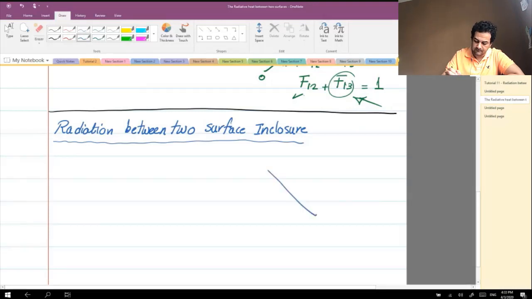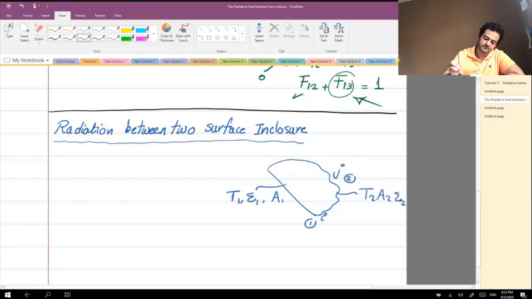So if you have surface i here and surface j, something like that, and surface i is 1, j is 2, with T1, epsilon 1 and area 1, and T2, A2, epsilon 2, and there is radiative heat coming out here, Q radiation.